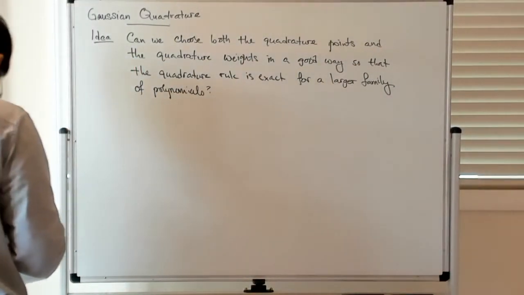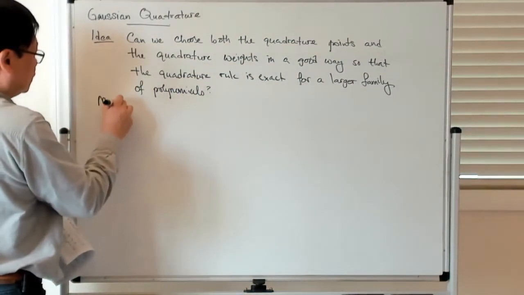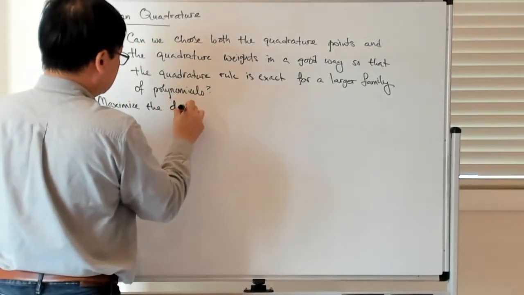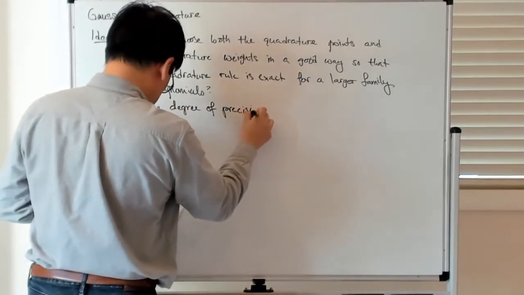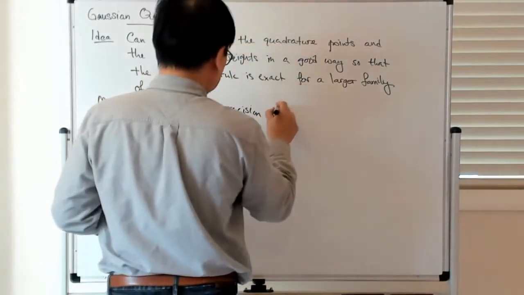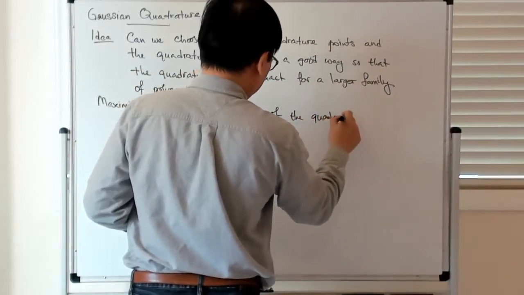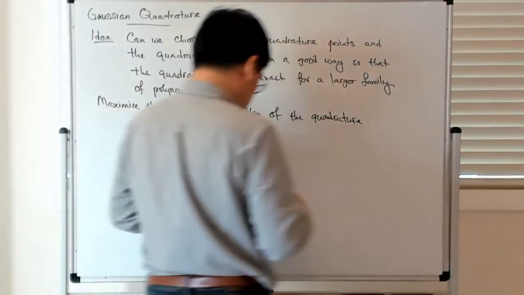So you want to maximize the degree of precision of the quadrature formula by allowing yourself the flexibility to choose both the weights and the points.